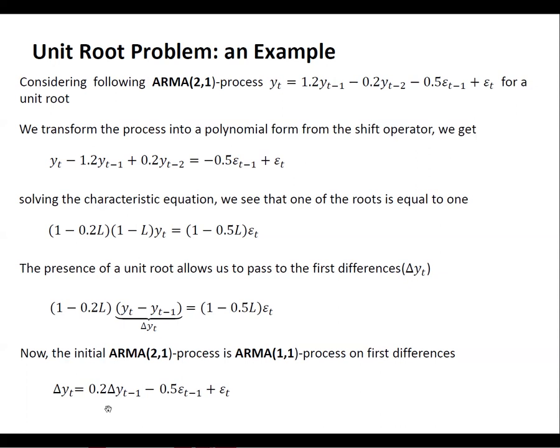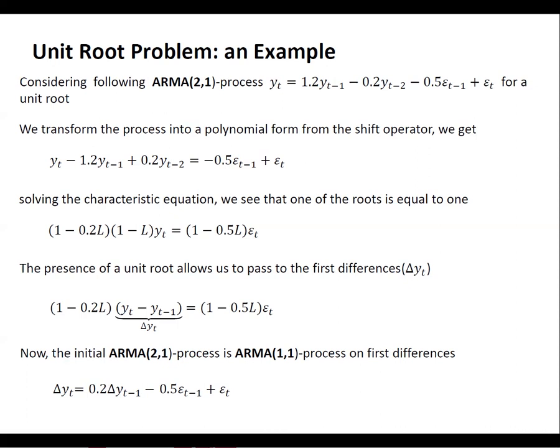Then we've got the ARMA(1,1) process, but on the first differences. That is, this initial equation of the ARMA(2,1) process exactly corresponds to this equation, but on the first differences.